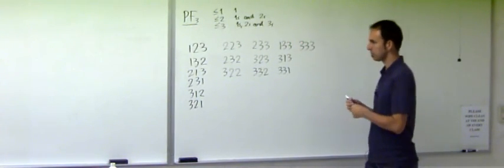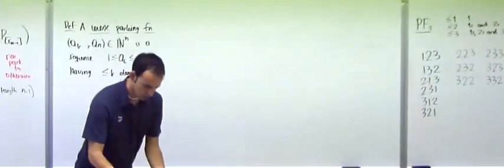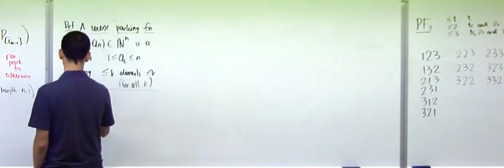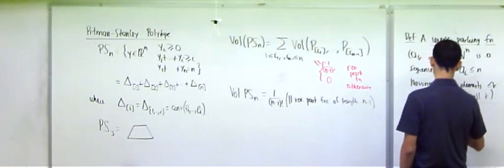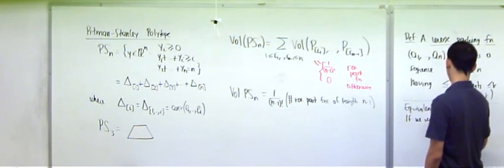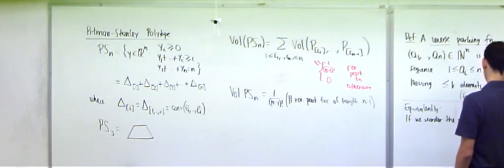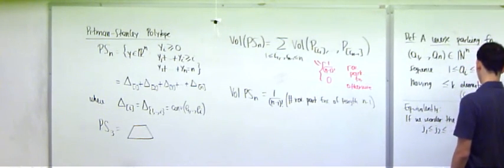Now, here's an equivalent description. Equivalently, if we reorder the numbers to be j1 less than or equal to j2 less than or equal to so on less than or equal to jn, okay?